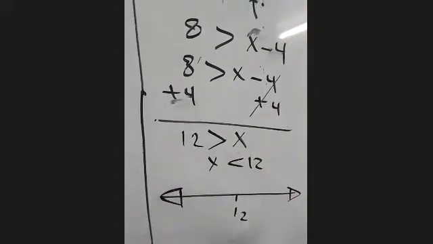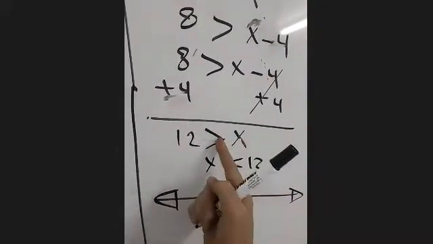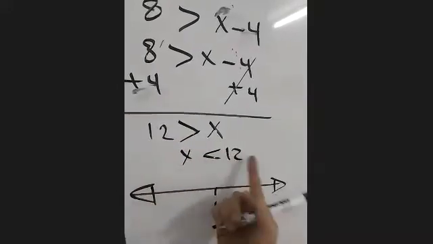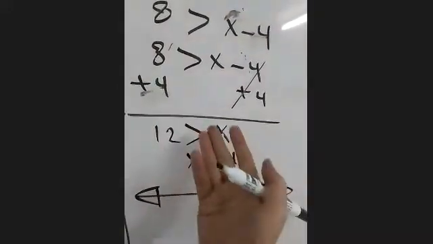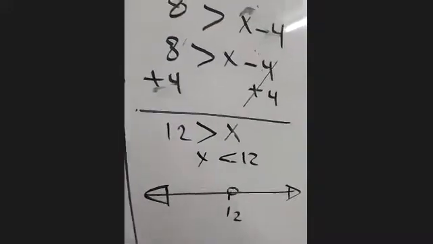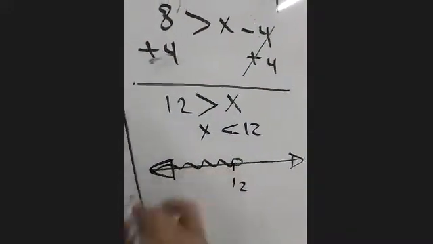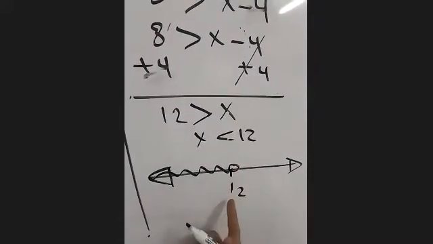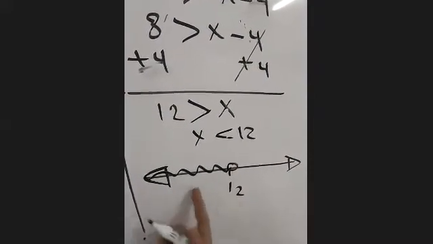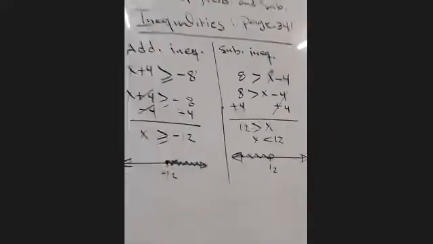These two inequalities are the same. X less than 12, x less than 12, they are the same. There is no equal sign, so we put open circle. X less than 12, I will go to the left. Open circle means that 12 is not included in the solutions.